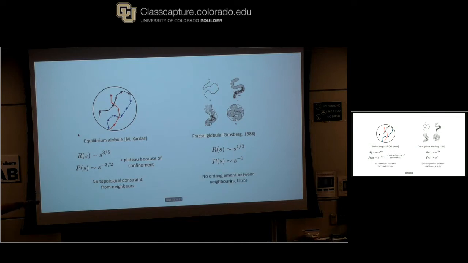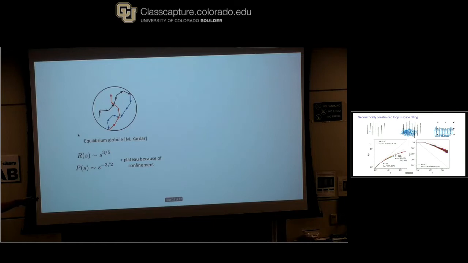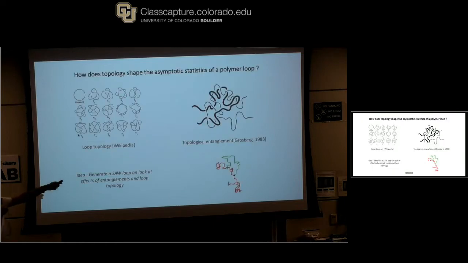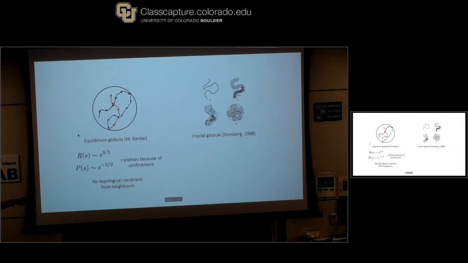It's complicated to explain, but if I look at this, this polymer has a length and a thickness, and the thickness would be this thickness, for instance. So it's at one scale. At every scale, the polymer is constrained topologically by the neighbors it has here.